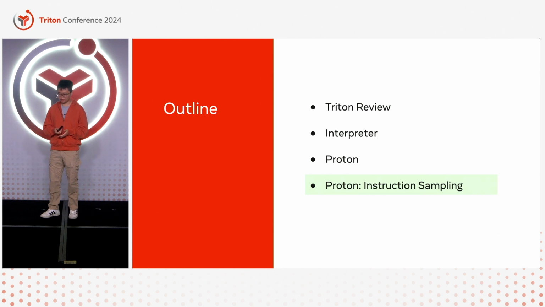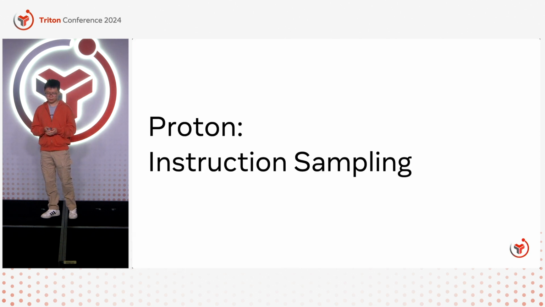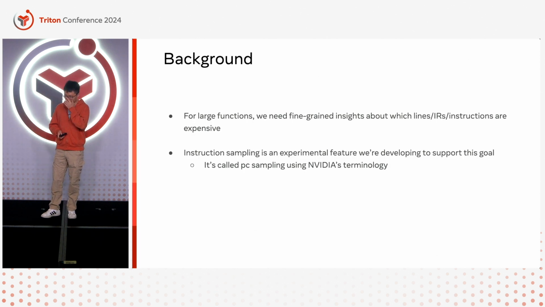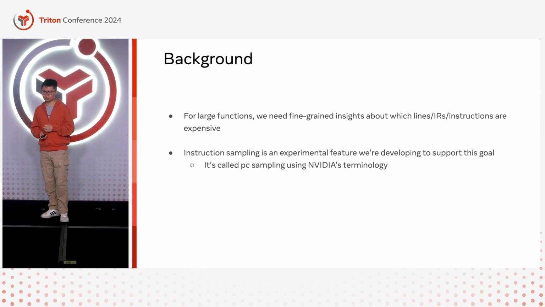Next, I'm going to give you another profiler functionality, which is an experimental feature. This is the instruction sampling functionality in Proton. What we have covered before are just coarse-grained metrics, like looking at the flops of the entire kernel, or calculating the utilization of the entire kernel.